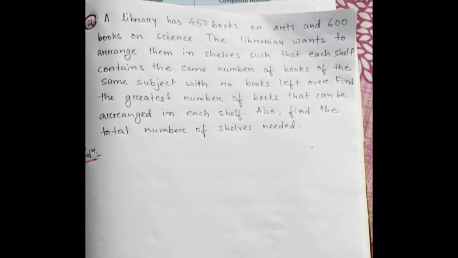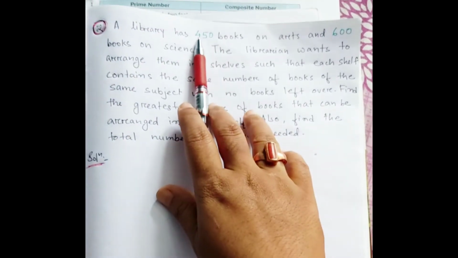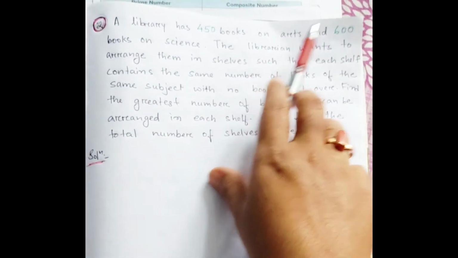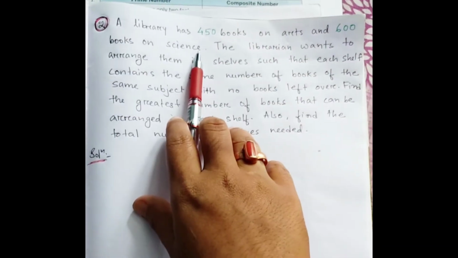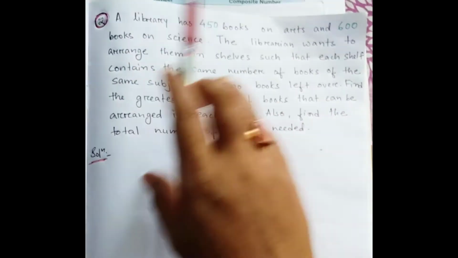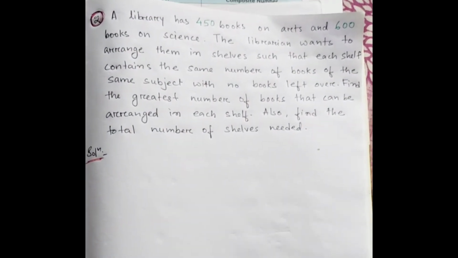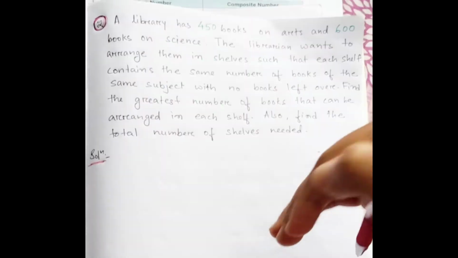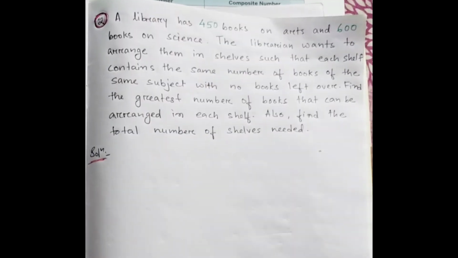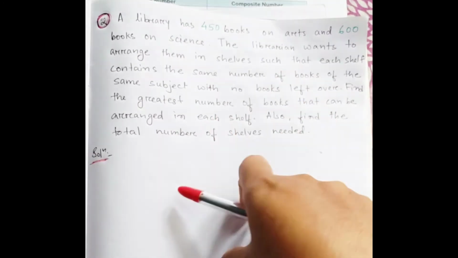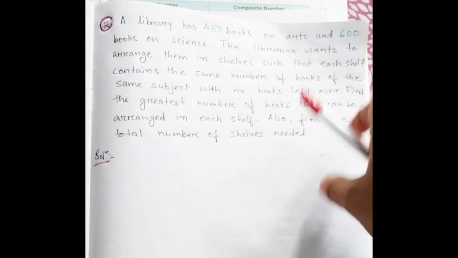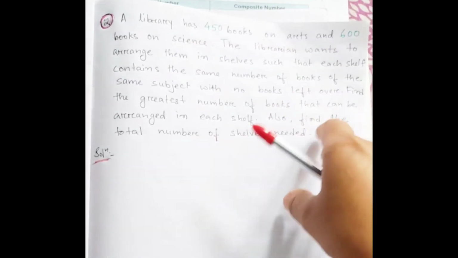So in your question it is given that a library has 450 books on arts and 600 books on science. Now the librarian will arrange them in shelves such that each shelf contains the same number of books of the same subject with no books left over.